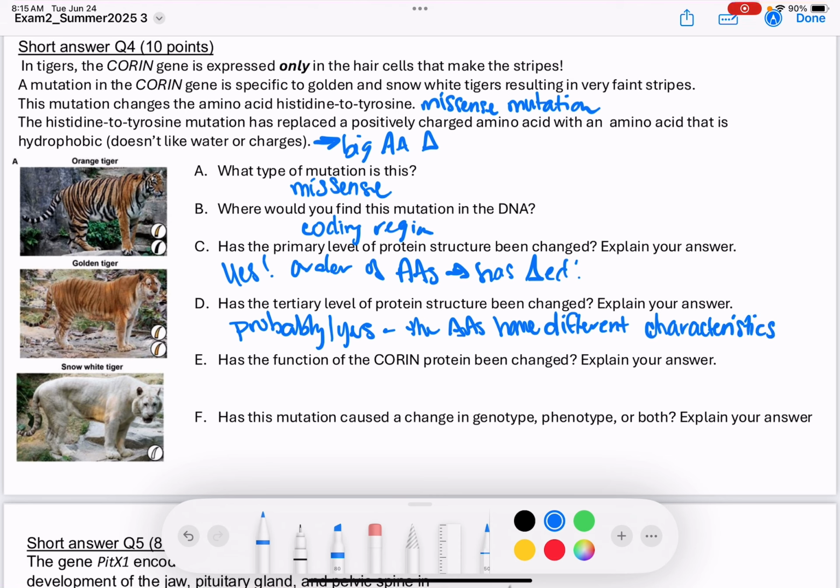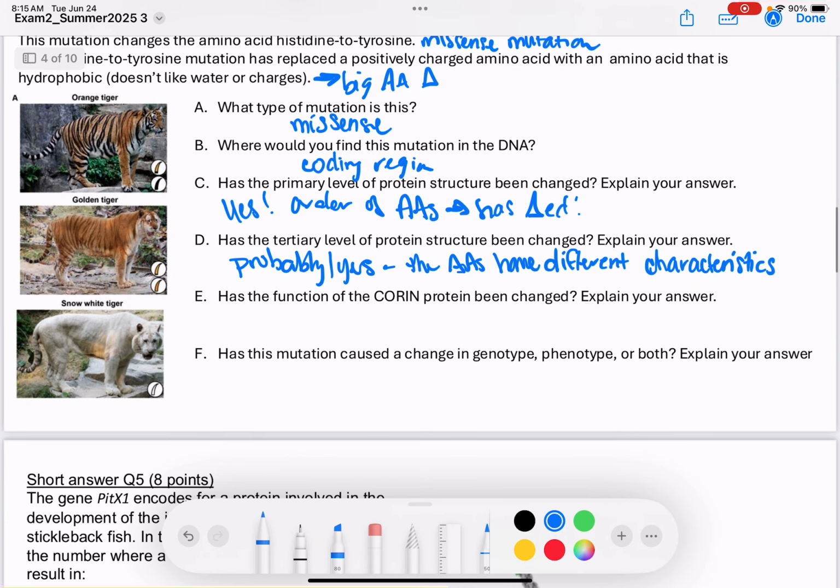And then has the function of the corin protein been changed? So here you do actually know the answer, right? So that's where you could be like, actually, I'm going to say yes. And that's because I can see a phenotypic change, right? So it must have changed the function, right?